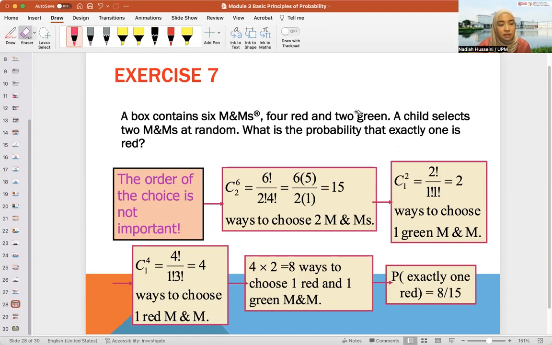So instead of listing out all the possible combinations, we want to use either permutation or combination. Why did they choose combination instead of permutation? I know it says here the order of choice is not important, but why is it not important here?